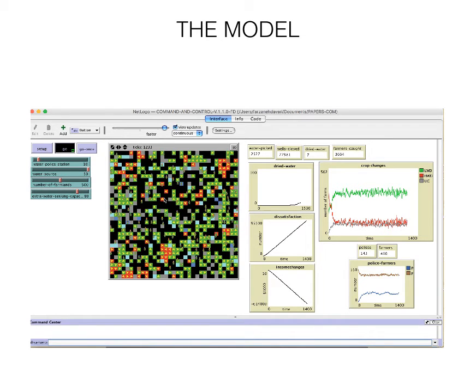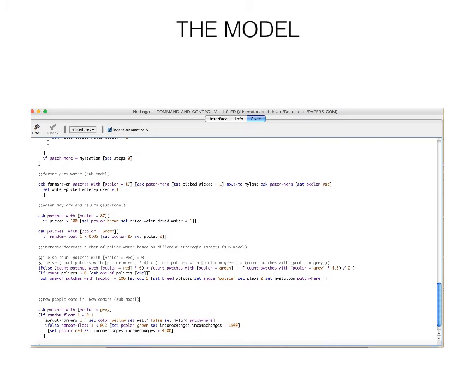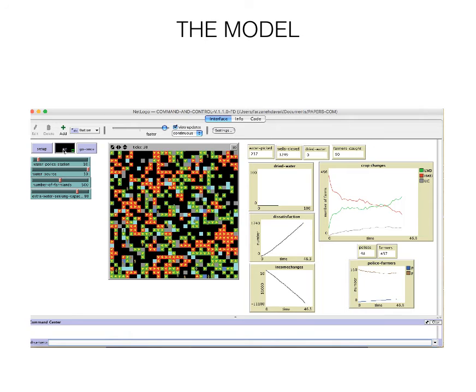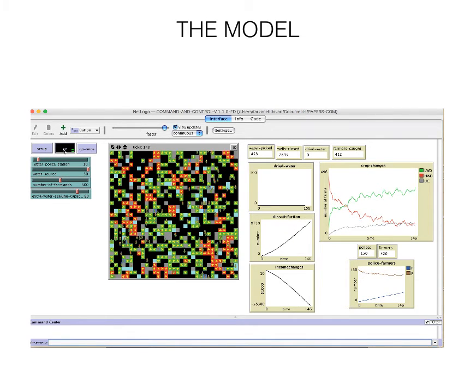high water demand crop. If I want to demonstrate the other policy, which is very extreme, you see that it changes to a battlefield, and the number of police increases and increases, even more than farmers.